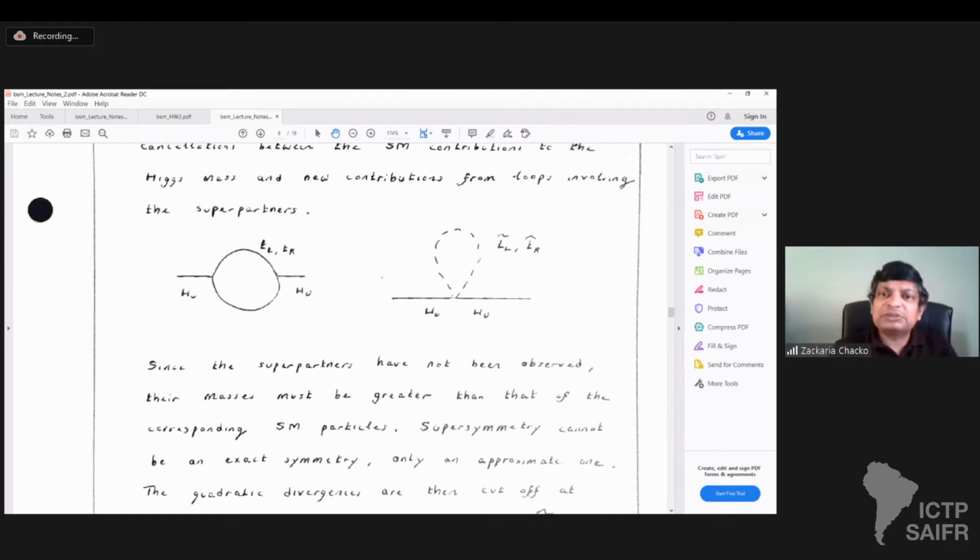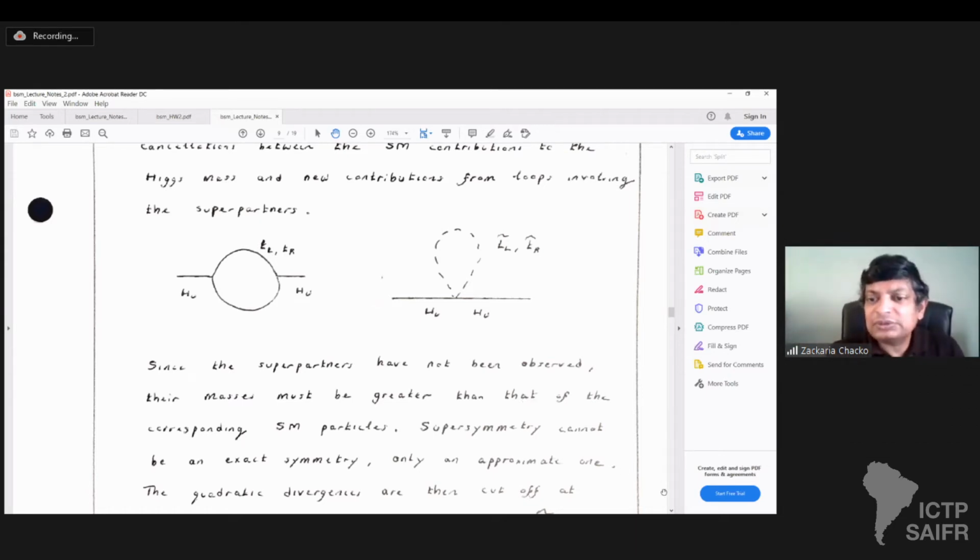And if it's a broken symmetry, then the masses of these particles needn't be the same. But then supersymmetry isn't an exact symmetry anymore, and so this cancellation is no longer exact. In the exact supersymmetric limit, this cancellation is exact.